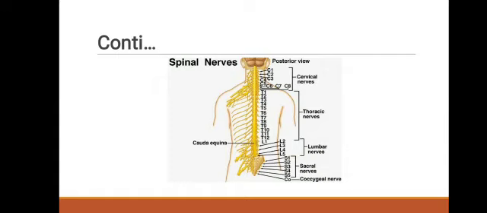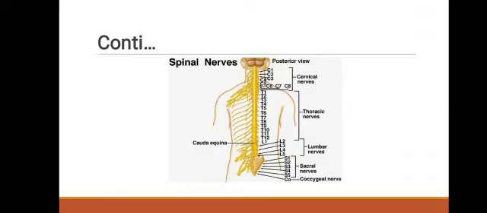See in this diagram. In this diagram, we will discuss the spinal nerve. So, first one is cervical nerve. See what that region they are present. Next one, thoracic nerve, present in thoracic area.